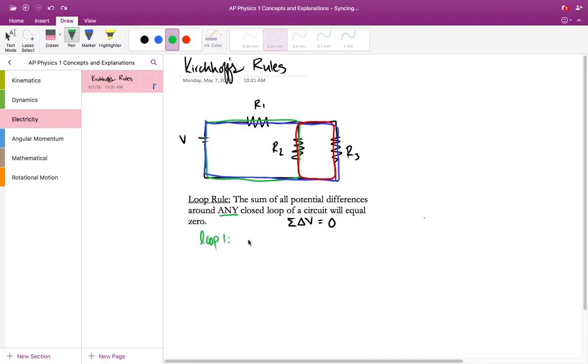There will be a voltage drop of, well, we don't really know, but let's call it delta V1. So we'll have a voltage drop, minus delta V1.